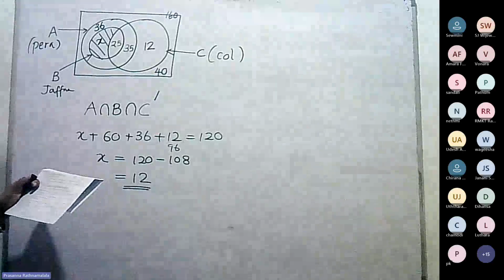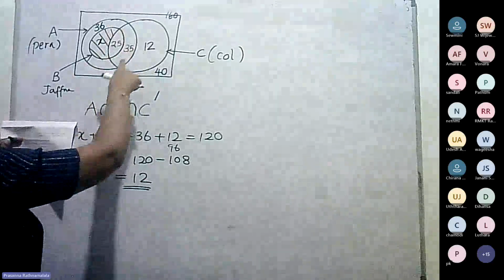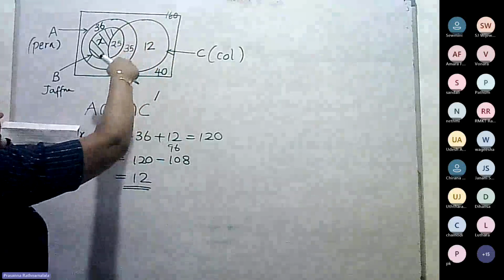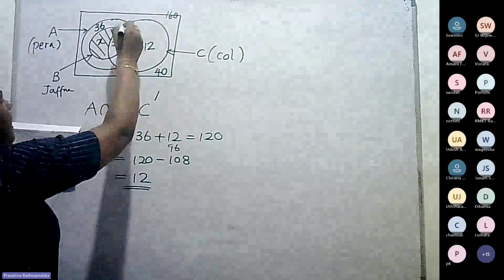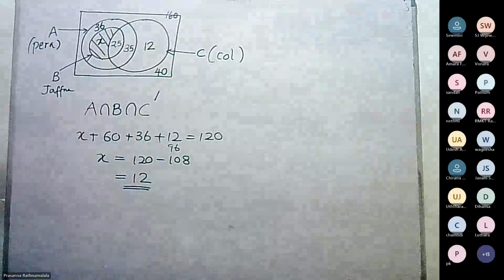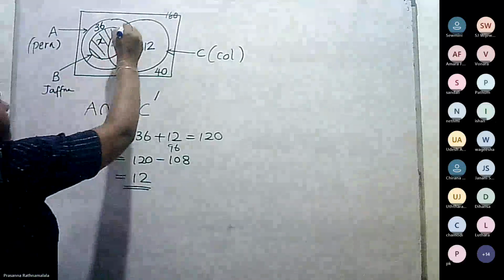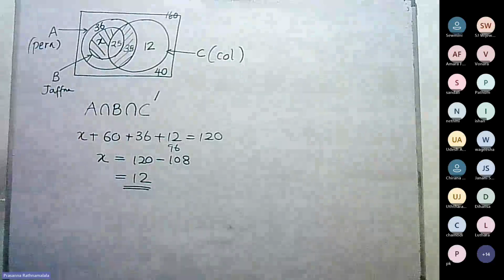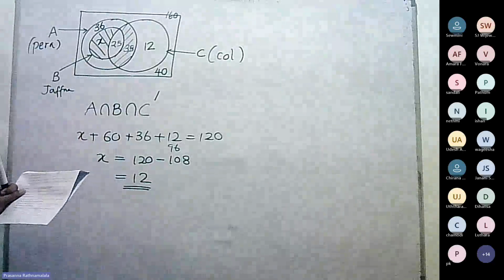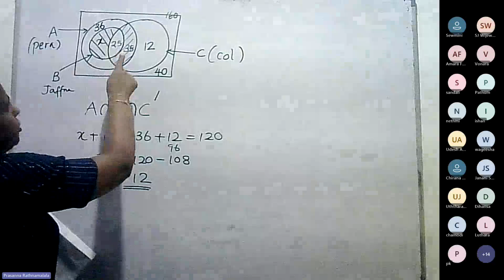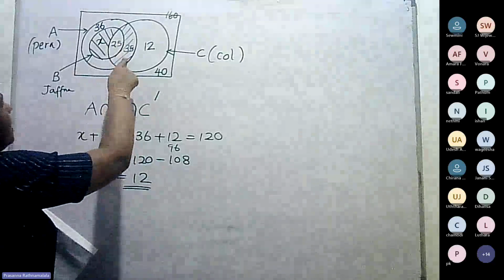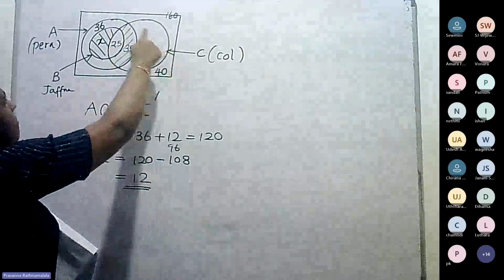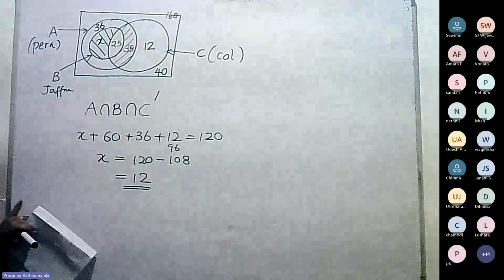Then describe the region A intersect C, but B complement. You can describe that in words. How do you describe it in words? Here, the students who applied to the Peradeniya faculty and Colombo faculty only.